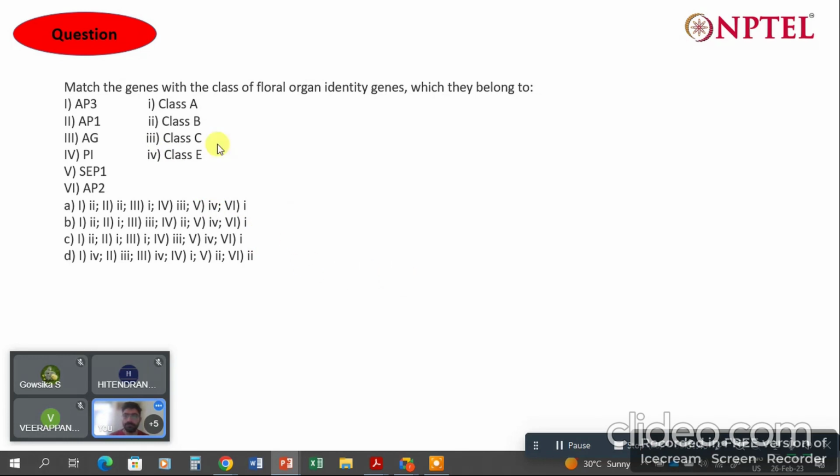These are the classes of genes A, B, C and E, and here as we can see, in class A there are two genes, that is AP1 and AP2. So we have AP1 and AP2 in class A. In class B we have AP3 and PI.